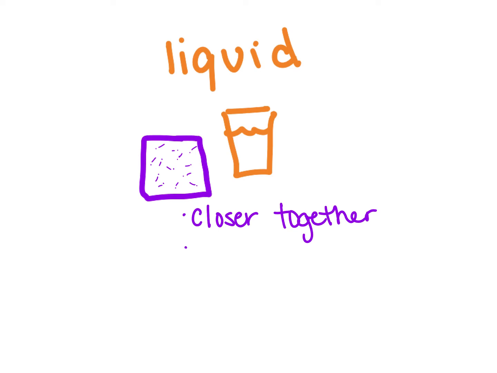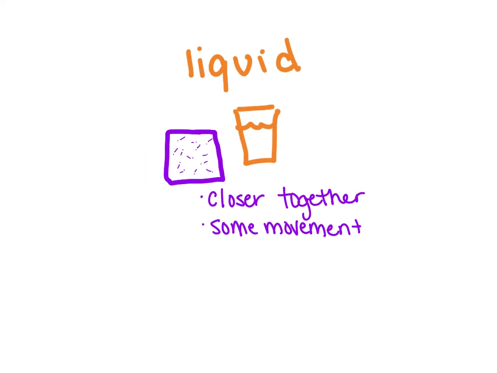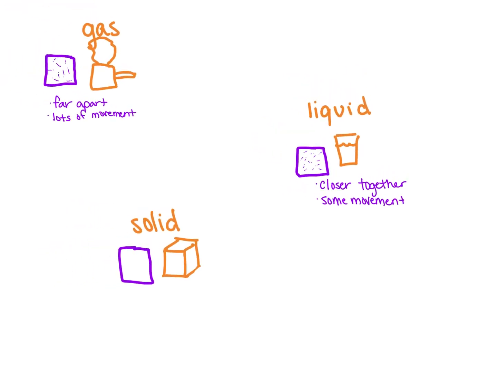And there is some movement. All right, we still have them moving around, but it is not super crazy like it is in our gas model. And that leaves our solid model.